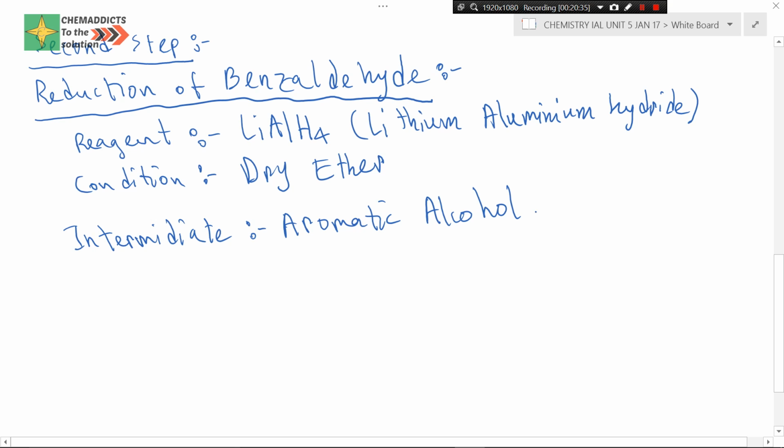Let us also draw the structure for the aromatic alcohol. The structure would be like this.